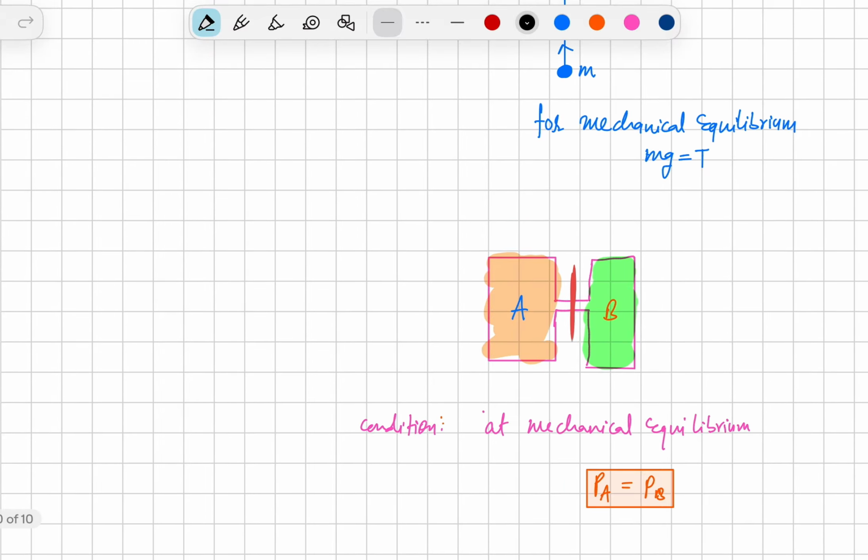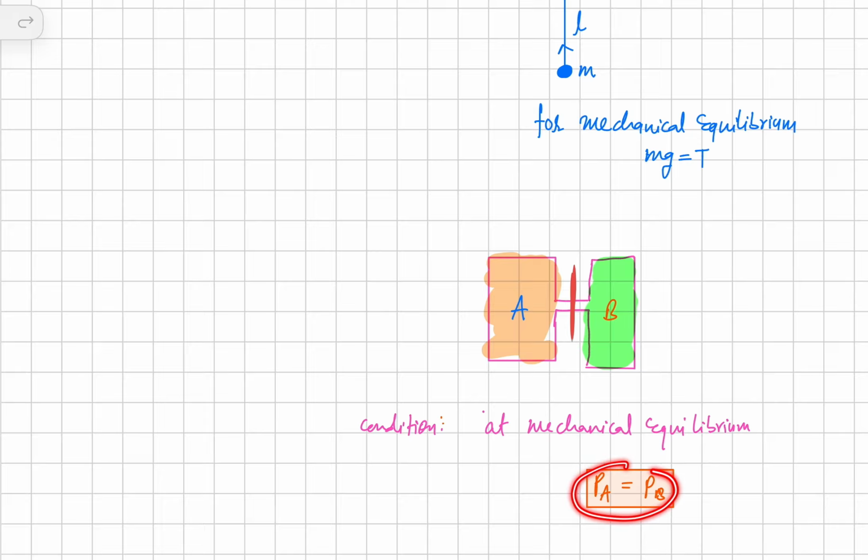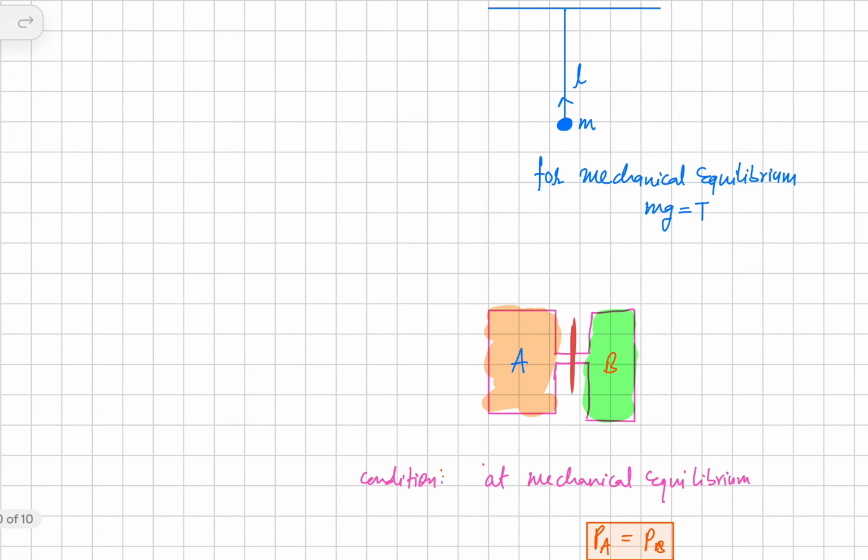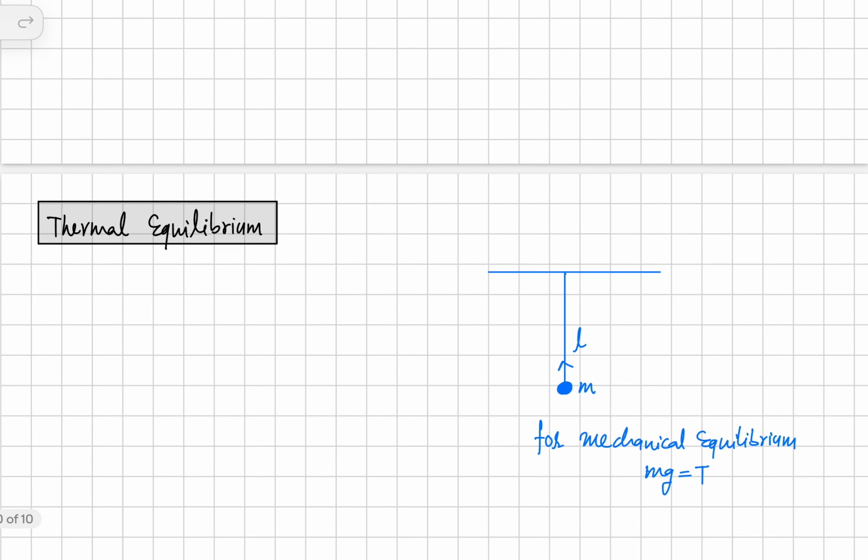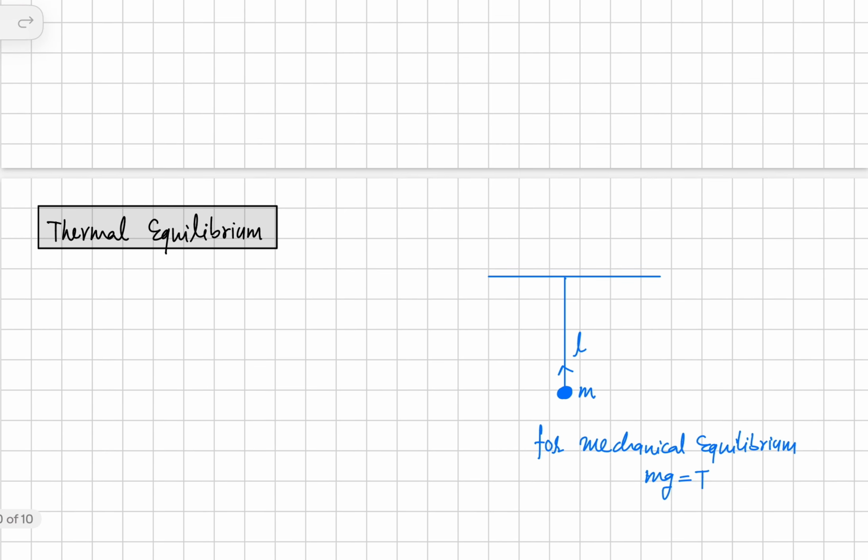Like here the pressure remains the same: pressure of A equal to pressure of B, suppose some number, 100 pascal. So this number remains the same for both systems, system A and system B. I am saying that for different kinds of systems there is a different kind of quantity, so we need to perform experiments to find out what that quantity is.